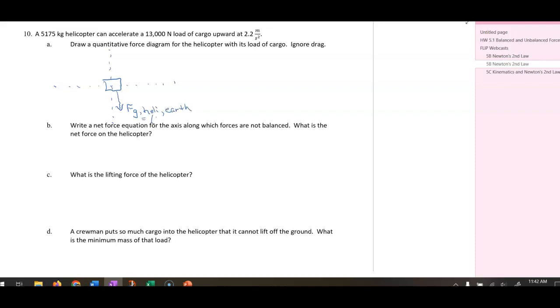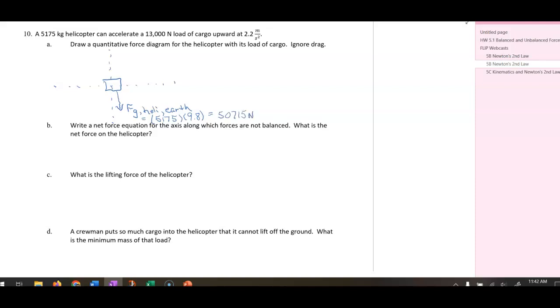I can calculate that by taking the mass, 5,175 kilograms, and multiplying by 9.8. And I get 50,715 newtons. Okay?